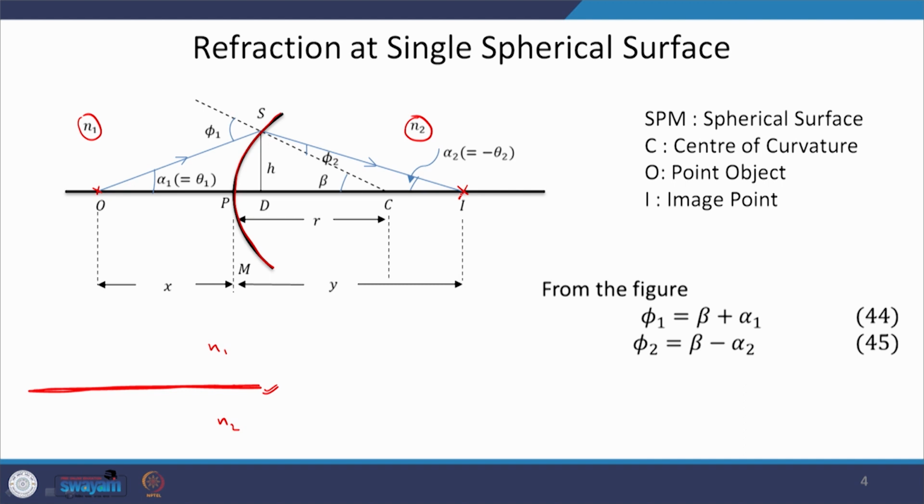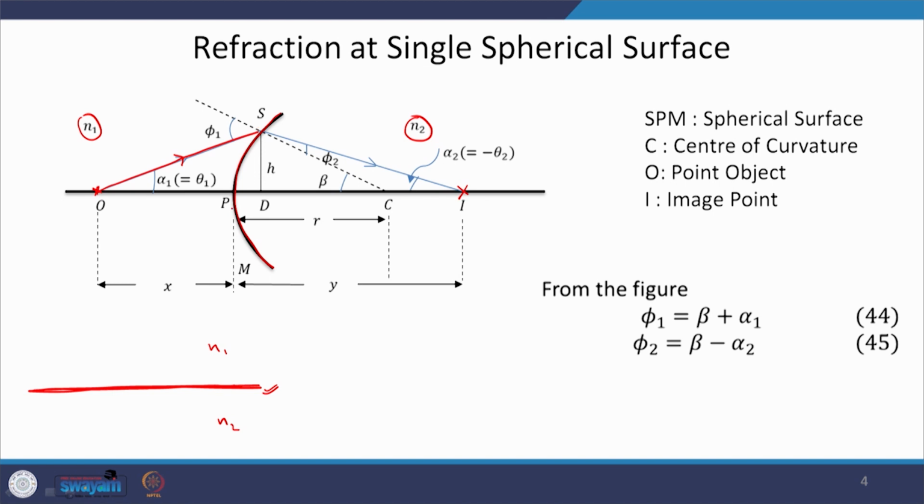Now, we will analyze what is happening in this figure. Since the point source is at point O, the ray will start from point O and fall at some angle on this curved interface. Now, where will the ray go? To know the direction of the ray after refraction, we will first have to draw a perpendicular.